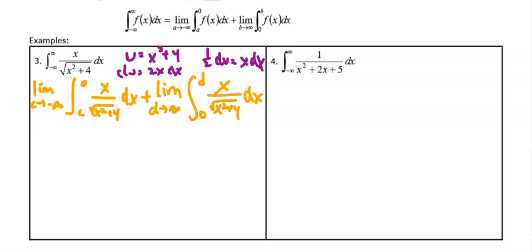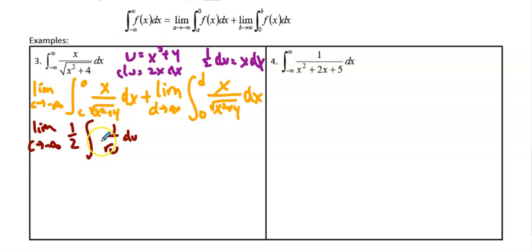So let's keep going with the problem, and we're going to do the limit. The beautiful thing is we've integrated the same function, so we can do this for both methods. So c approaches negative infinity. And so we are left with a 1/2, the integration of, in this case, 1 over the square root of u du. I'm leaving these alone for a second because I don't want to change my bounds.